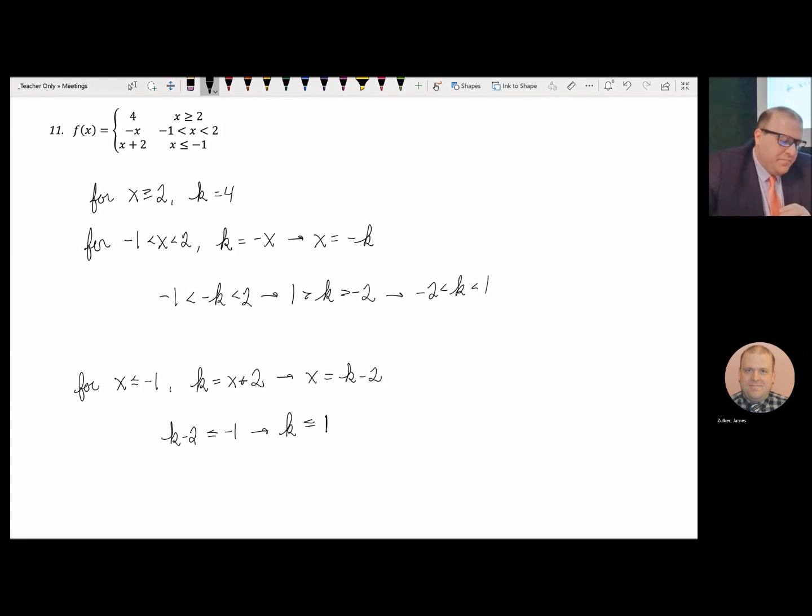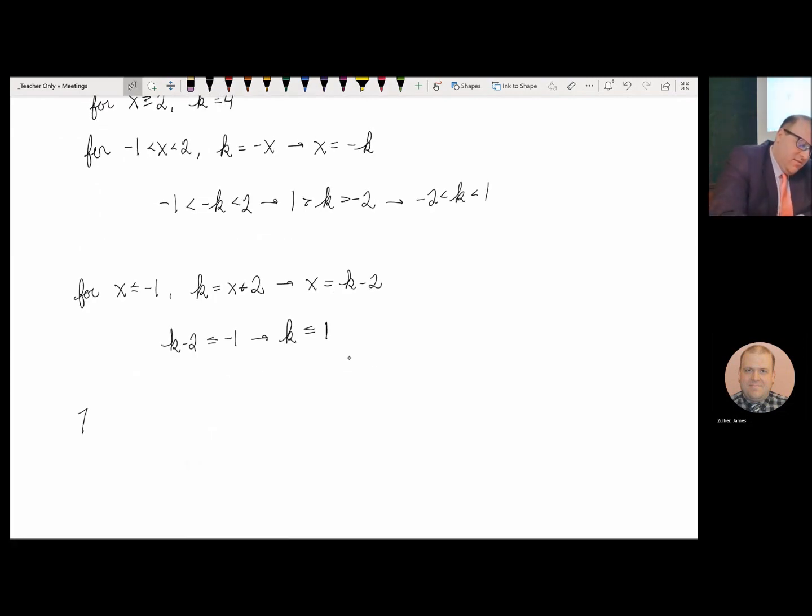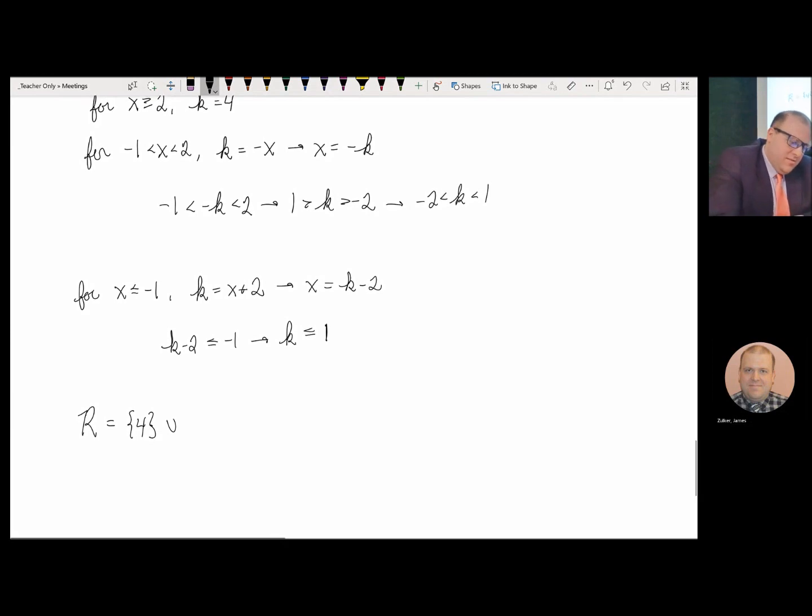The range of the function is the union of all the ranges. So I'm going to write it this way. The set 4, unioned with the interval -2 to 1, unioned with -infinity to 1.